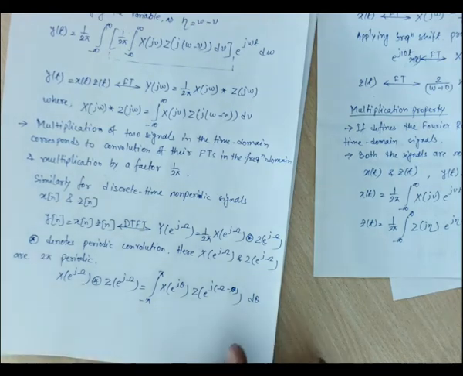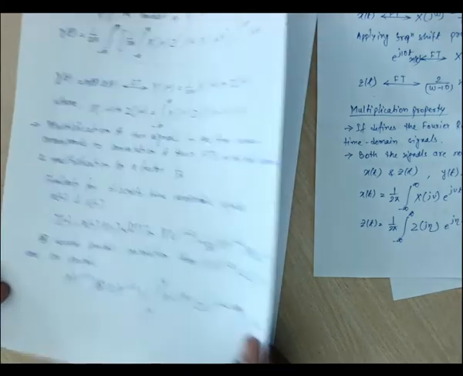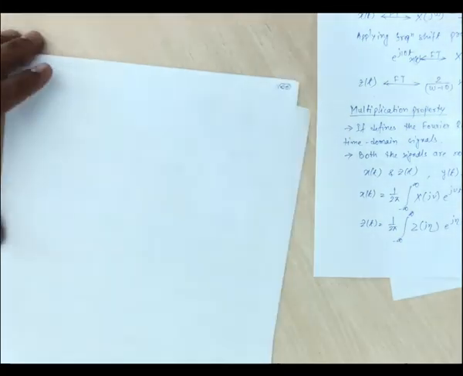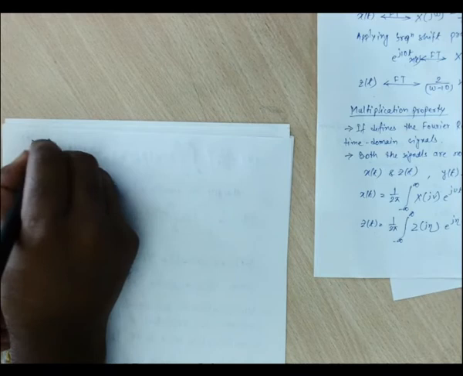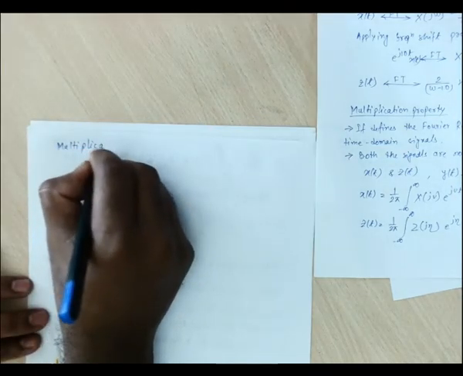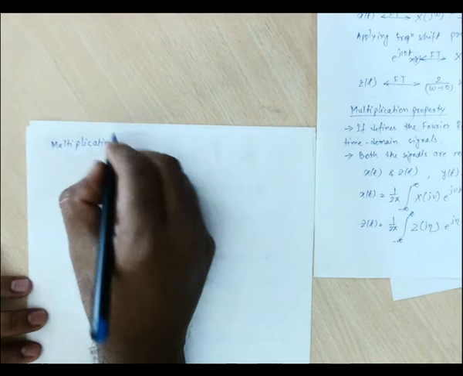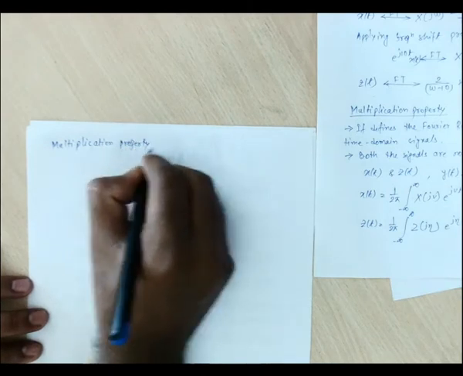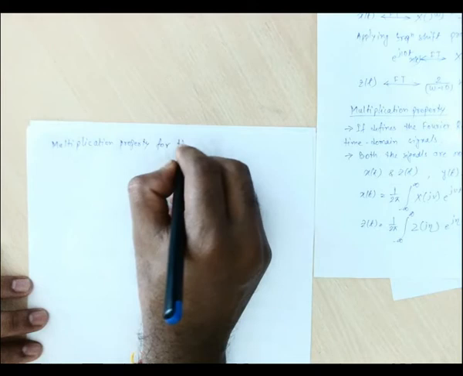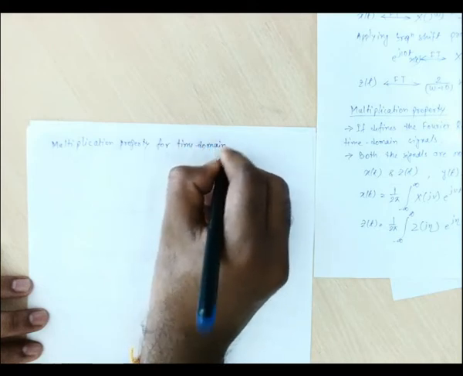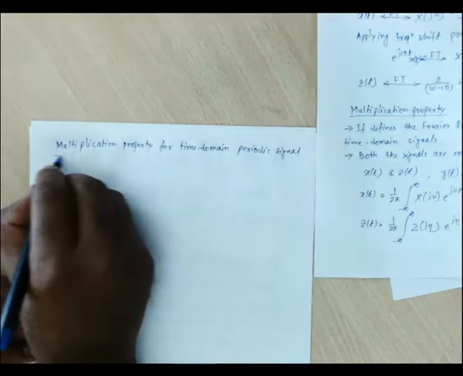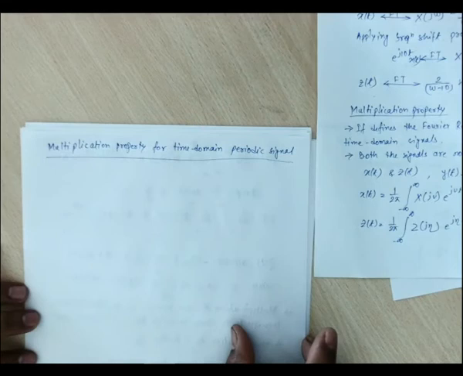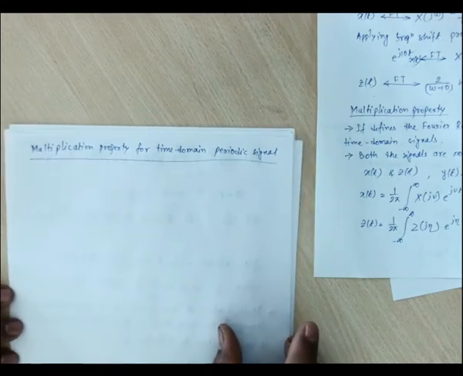Now let us consider the multiplication property for time domain periodic signals. So it is the same as whatever we have considered for the non-periodic signal.